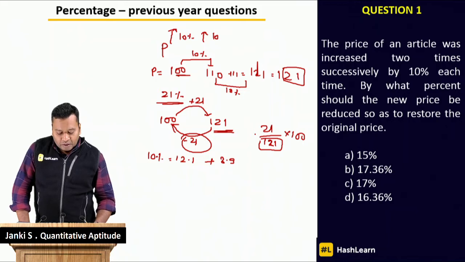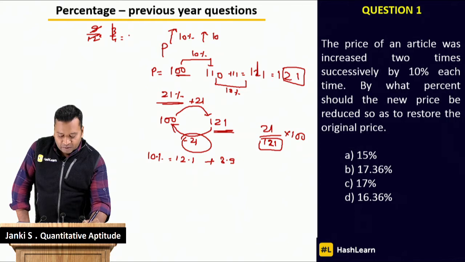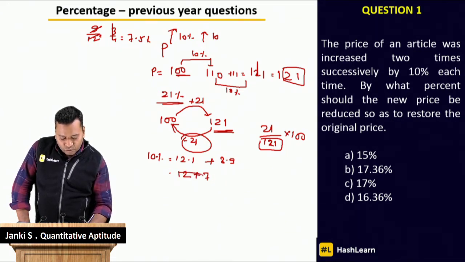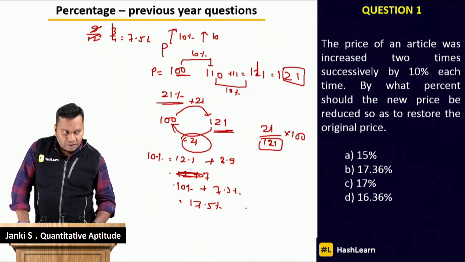Suppose we increase by 9 and the value is nothing but 12, then 3/4 is nothing but 75, that means we have to increase by 7.5% in this case. So here we saw 12.1 represents 10%, and this value is approximately 7.5%. That means the value is nothing but 17.5%, right?